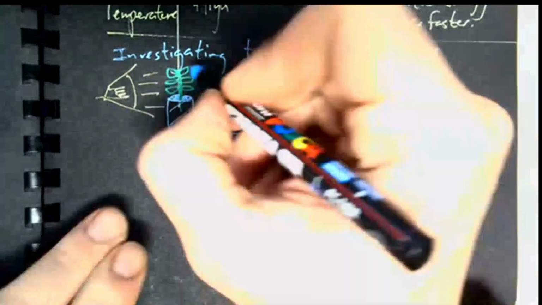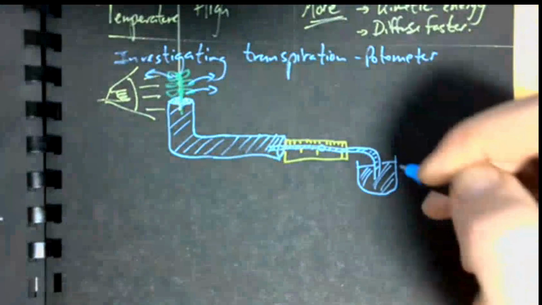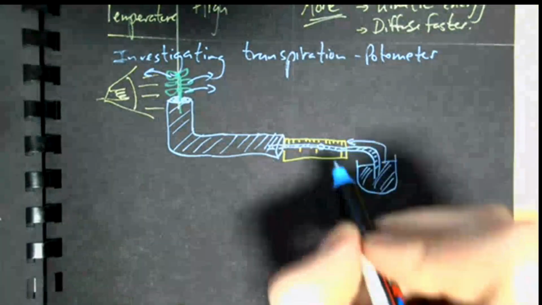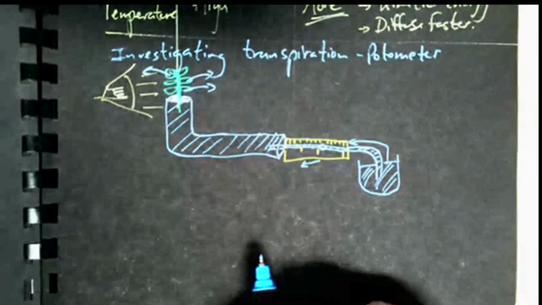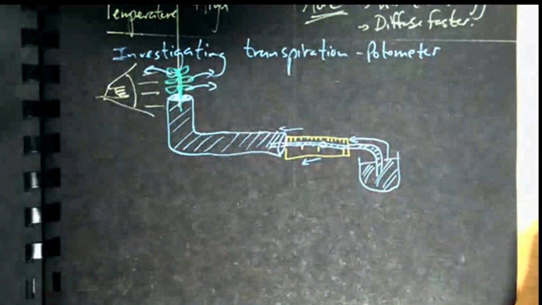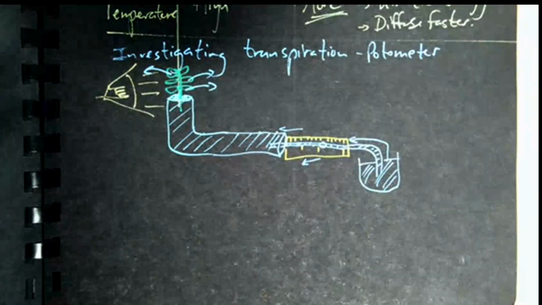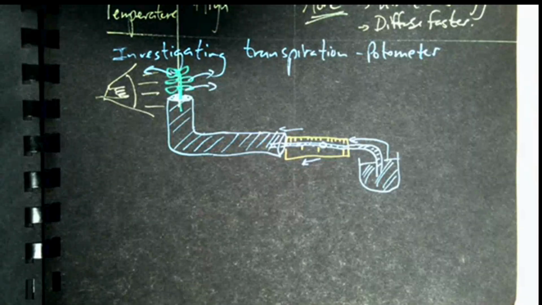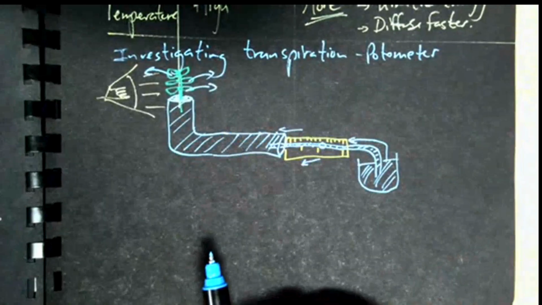And as that water vapor is lost from the plant, water is drawn up from the beaker along this tube here, and we see the bubble move along the scale. Obviously, if it moves into the reservoir, we can't measure anymore, but we see that bubble move along. And we can therefore measure the rate at which transpiration is occurring by measuring the speed that this bubble moves.